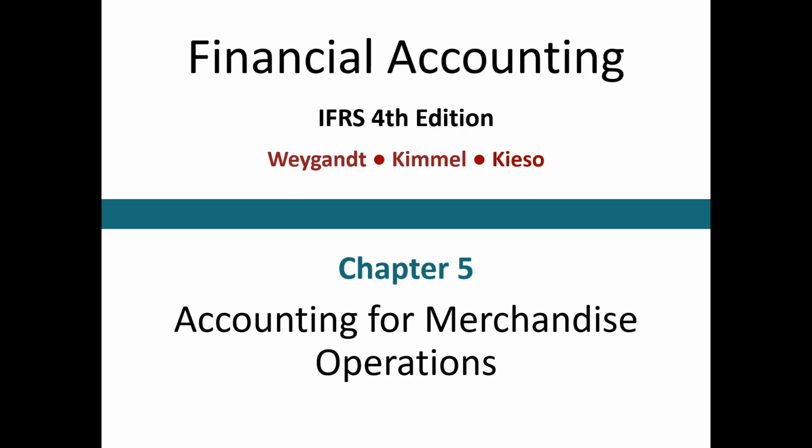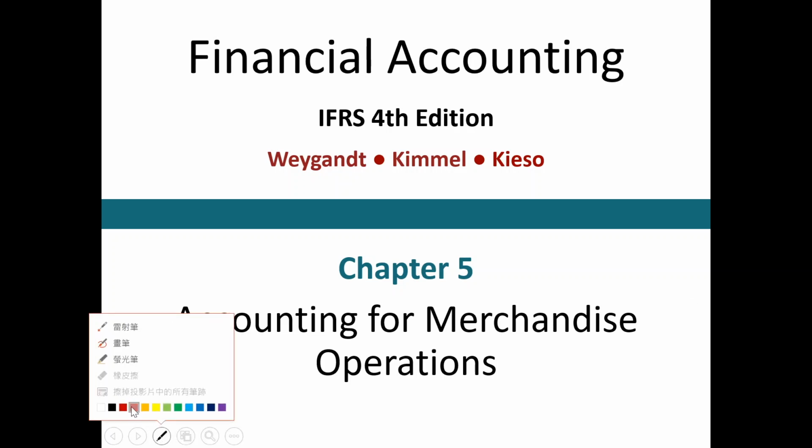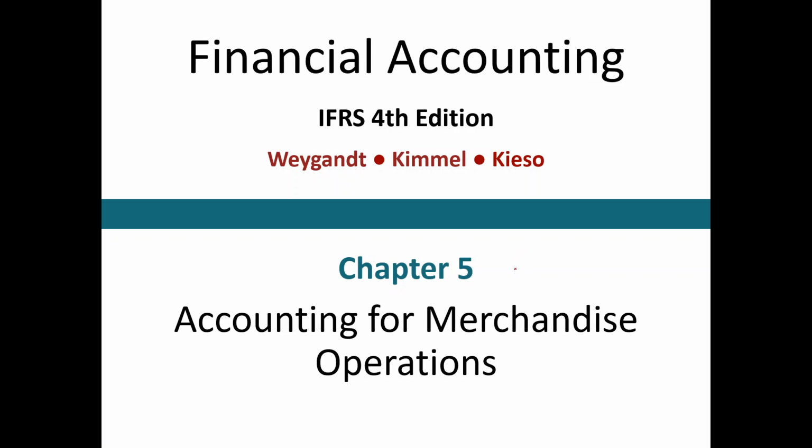So from chapter 5, 6, 7, 8 and so on, each chapter we tell you one asset or one liability. In chapter 5, we tell you one asset, which is inventory, 存货.